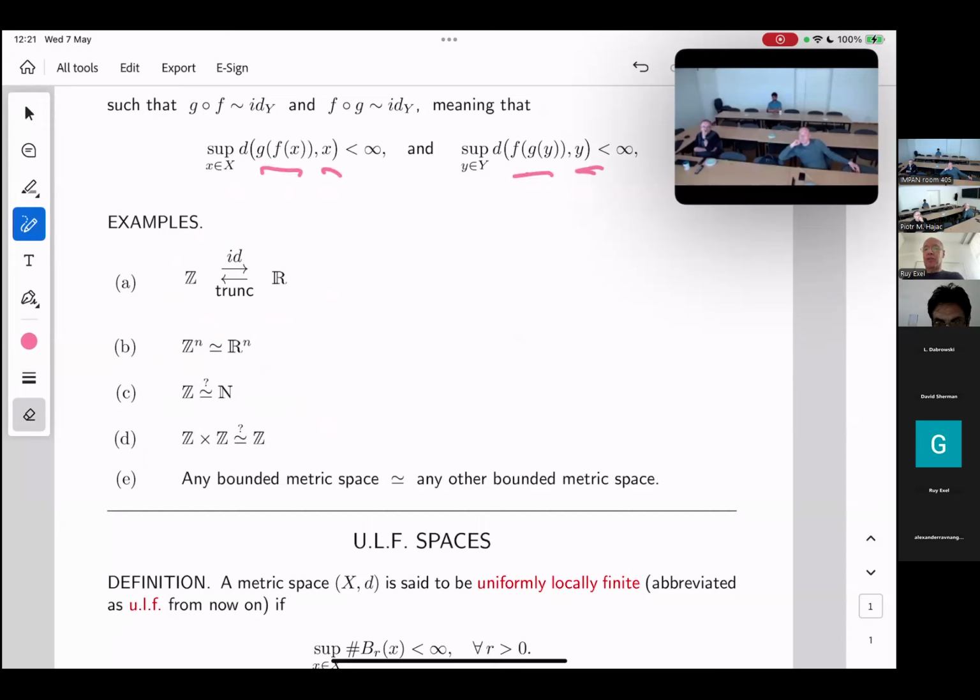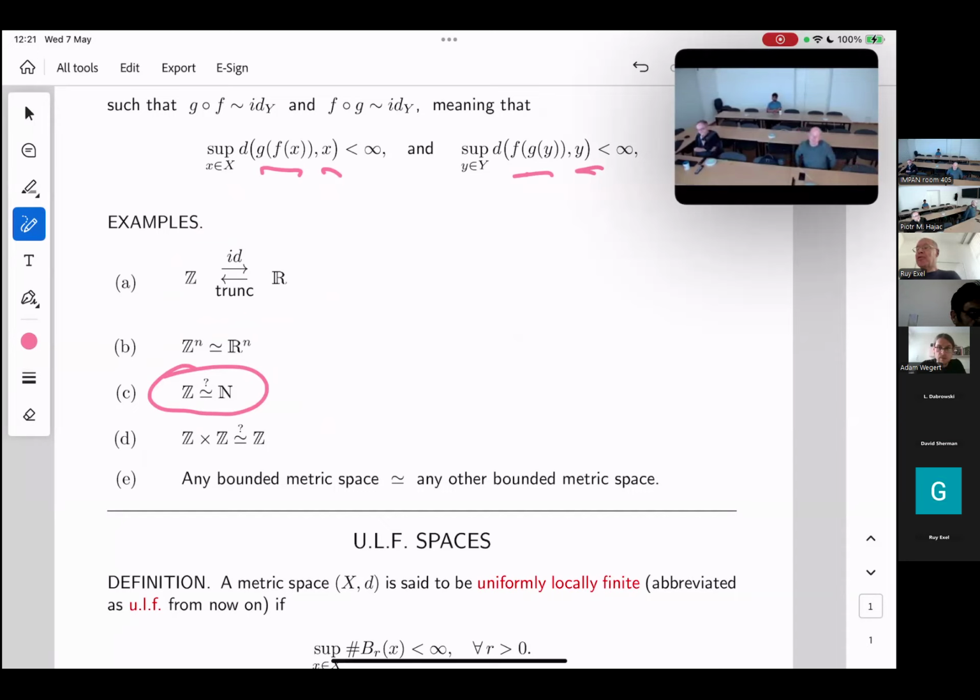And here's a question: do you think that Z and N are coarsely equivalent? The answer is no. Those are two metric spaces which are both discrete, and therefore they are homeomorphic, but they are not coarsely equivalent. You may think of that as an exercise to show that they are not.